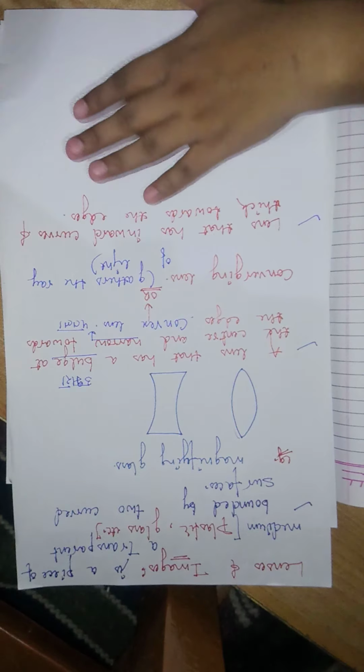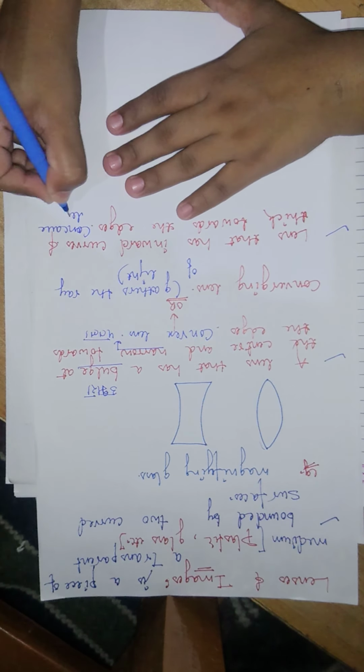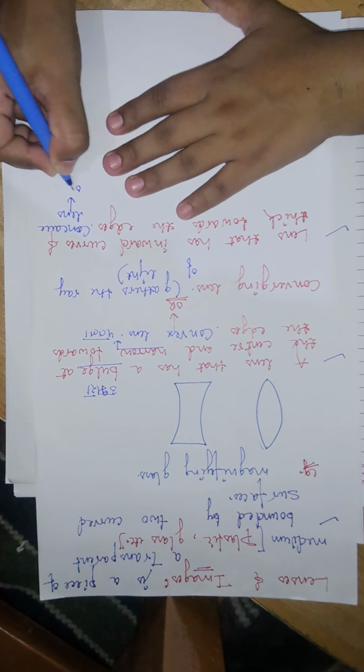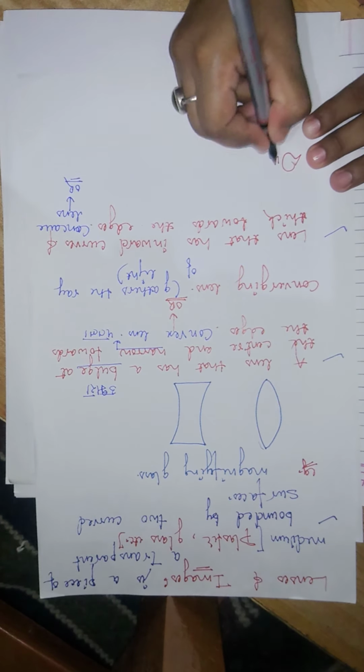So they are known as the concave lens. Also, they are known as the diverging lens.